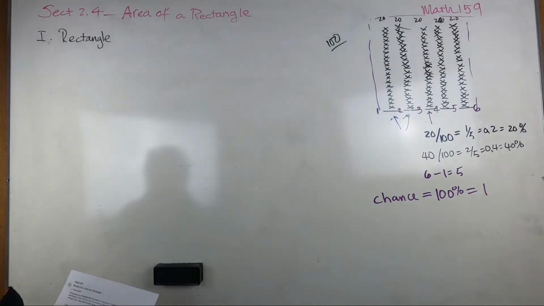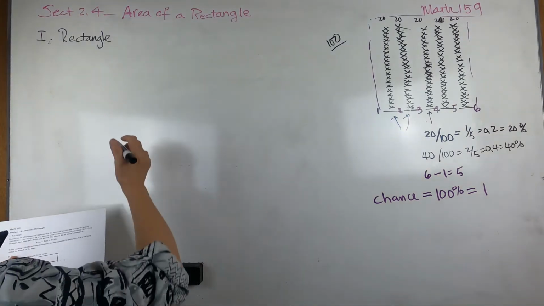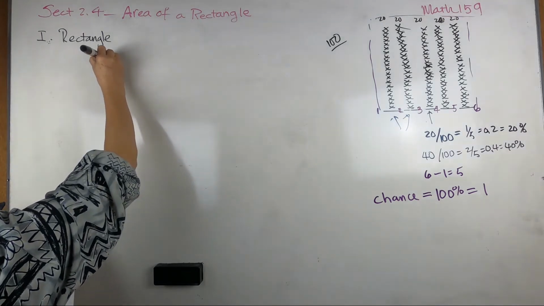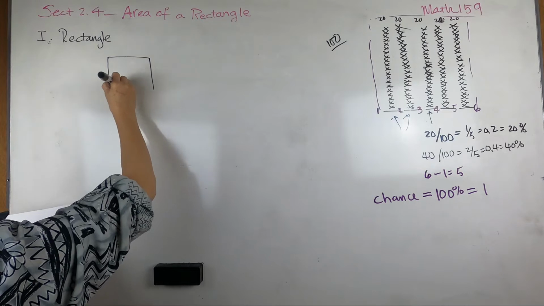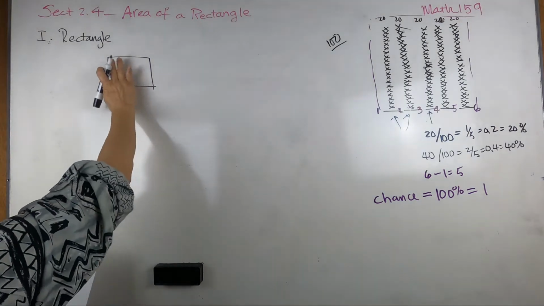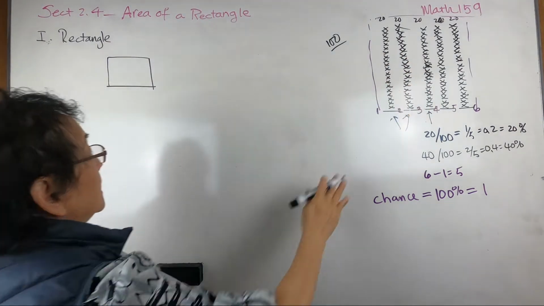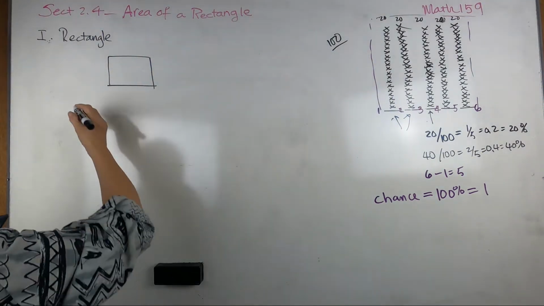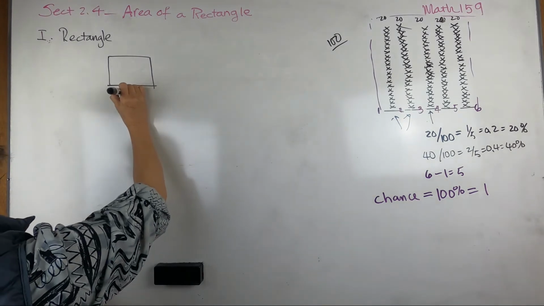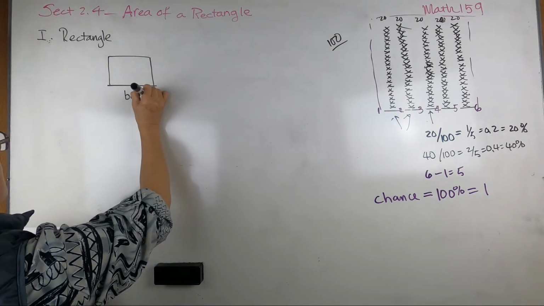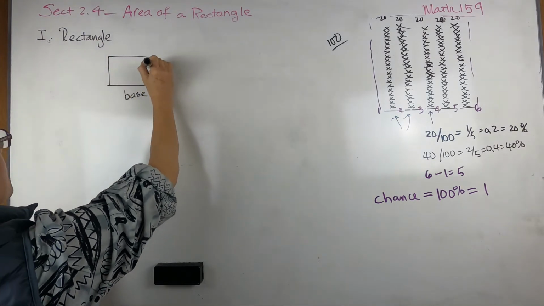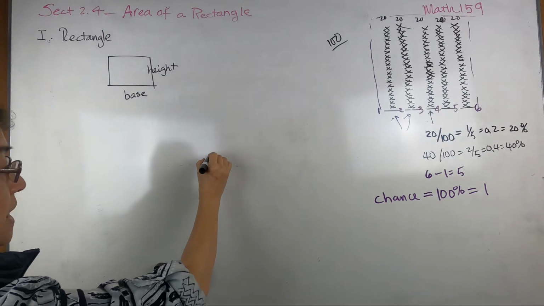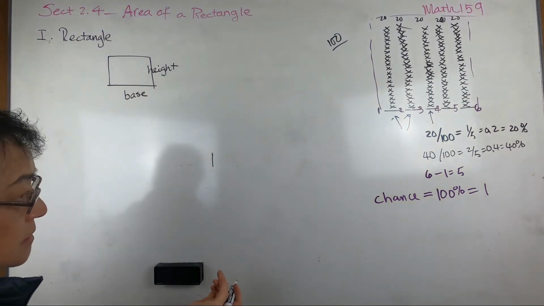Because it's a rectangular shape, we want to count the whole area. So how do we look at the area? The bottom we call the base. The side we call the height.